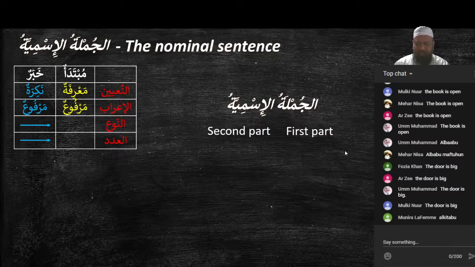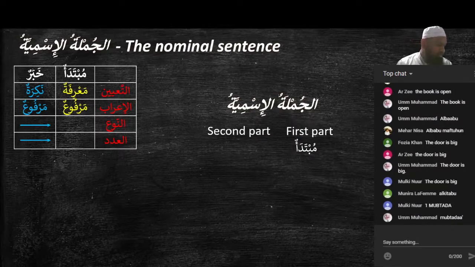The name of the first part is mubtada'un. Second part, what is the name of the second part? The information about the mubtada.